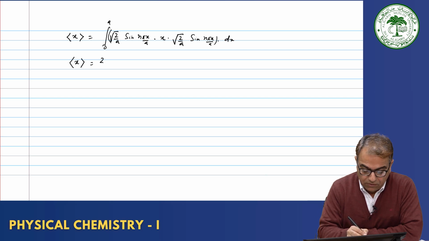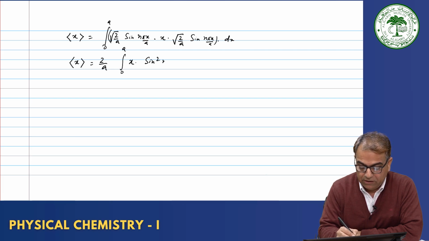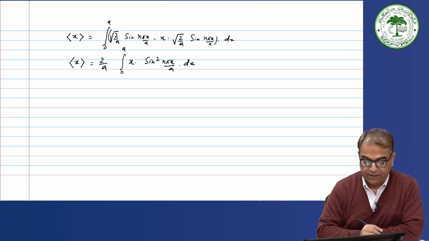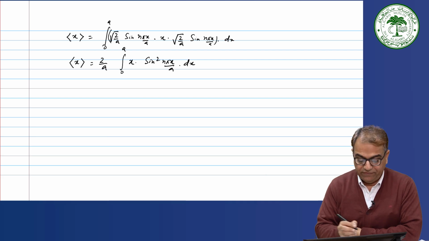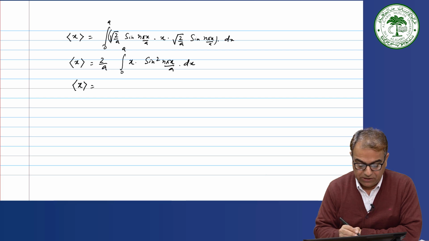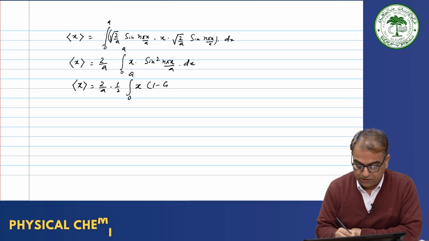So it will be 2 divided by a, integral 0 to a of x sin square n pi x upon a dx. The usual way of doing this calculation is to convert sin square into cos 2 n pi x. So 2 divided by a, 1 by 2, integral 0 to a of x into 1 minus cos 2 n pi x upon a dx.